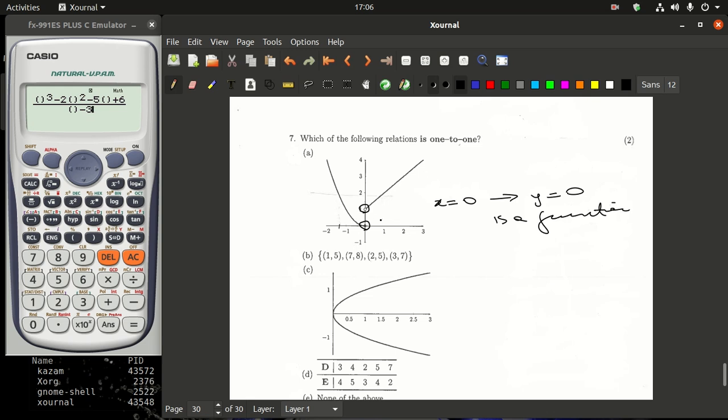I just wanted to clarify that because of the dot: this is an empty hole, and this one is a filled hole. Now, the question here is asking which of the following relations is one-to-one. How do you determine if a function is one-to-one? You want to make sure that different inputs have different outputs.